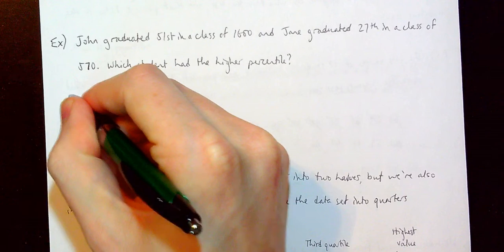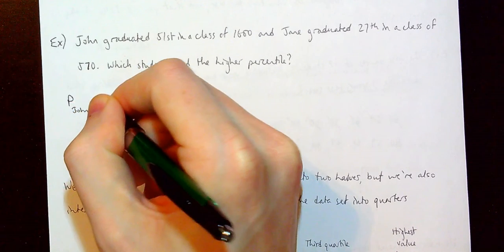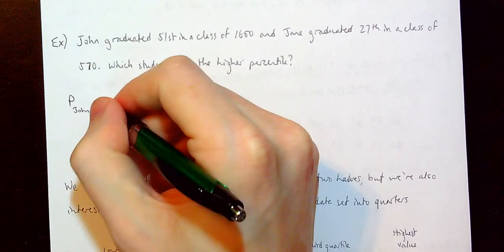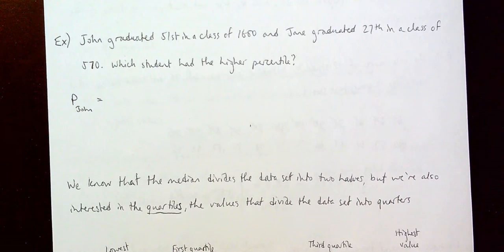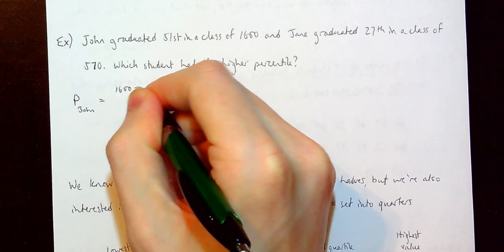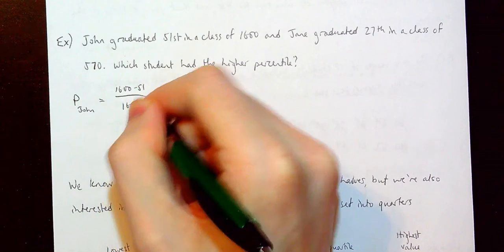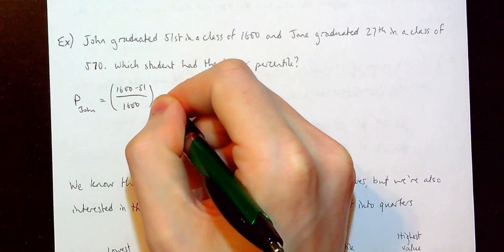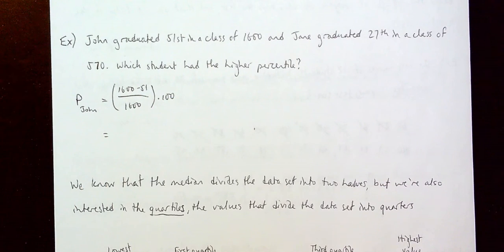So I'm going to say the percentile for John, and I'll write it P sub John, is going to be the number of people who graduated after him, which is going to be the 1600 minus the 51, divided by the total number of people, 1600, times 100.